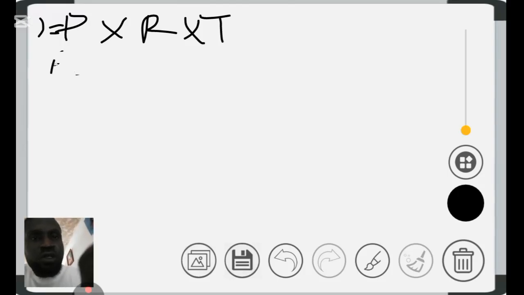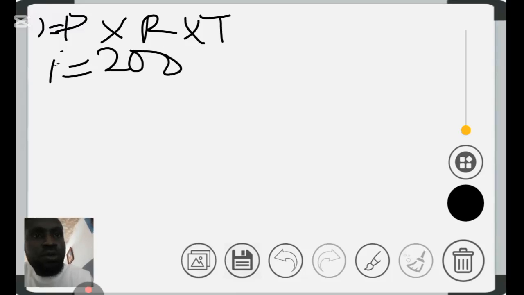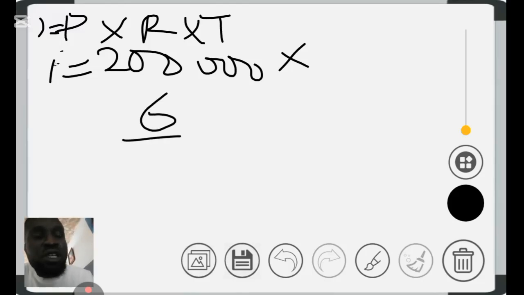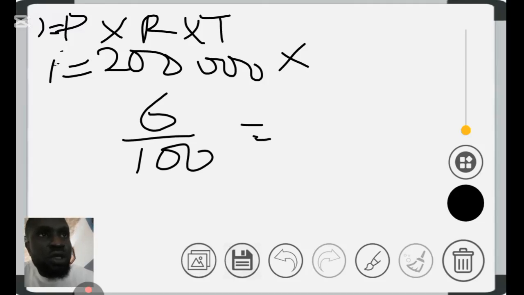Your interest is equal to the principal, which is 200,000 naira, times your rate, which is 6%. I told you any percentage is over 100. When you divide, you get 0.06.